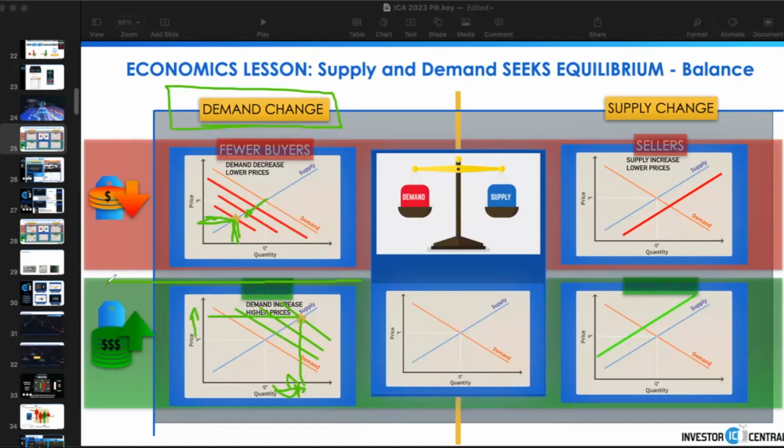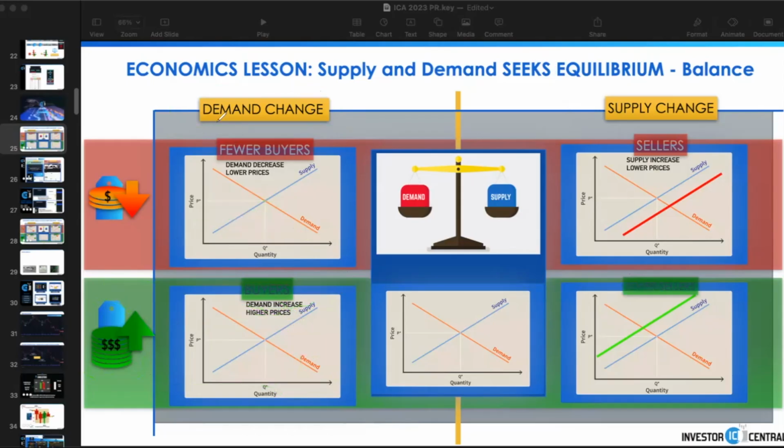Now, if you notice here, price is going up when there are more buyers and also when there are fewer sellers. You can think of demand as the buyers, and supply as, say, Apple having a certain amount of supply at the market. If they decide to add more to it, or suddenly everybody who's using their iPhones decides to bring them back to the market, well, that's changing this line on the right.